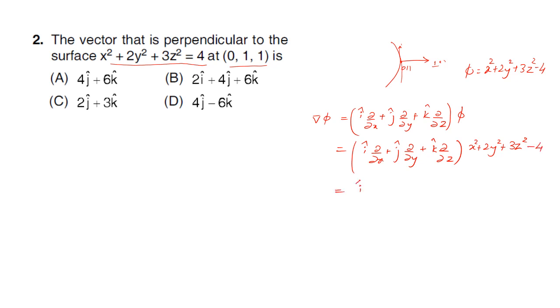So I dou by dou x of x square plus 2y square plus 3z square minus 4 is 2x, plus j dou by dou y is 2 into 2y, 4y, plus k, it is 6z.